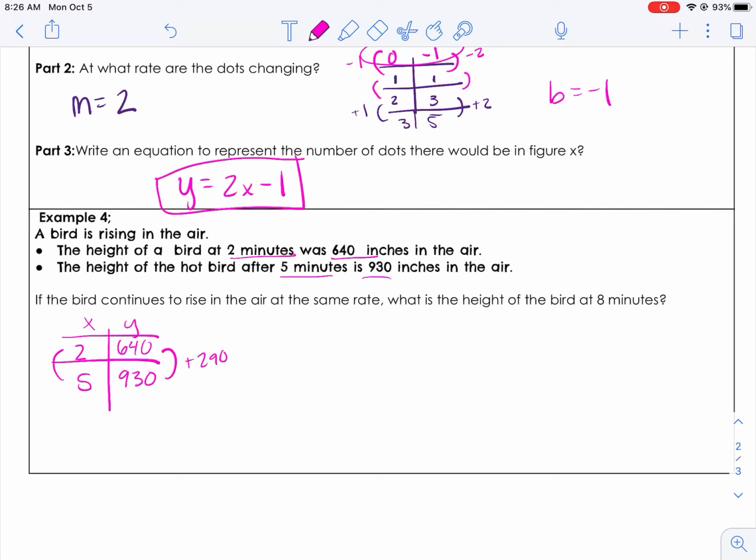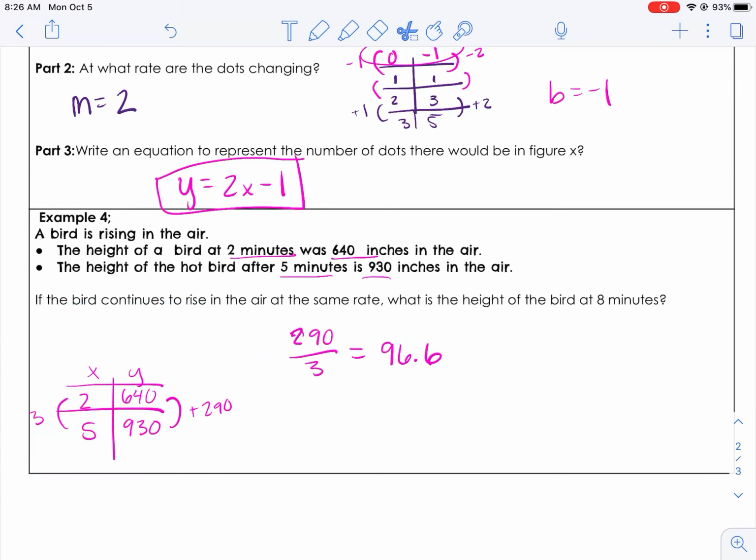And 5 minus 2 is 3. So 290 divided by 3. So 290 over 3 gives us 96.6. All right, that's our slope. And then if we want to work backwards and find our y-intercept, we can do that.